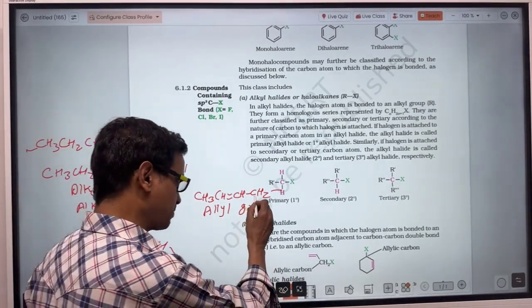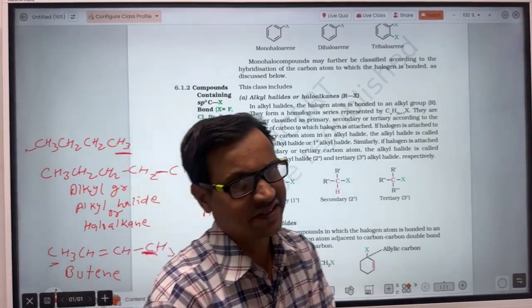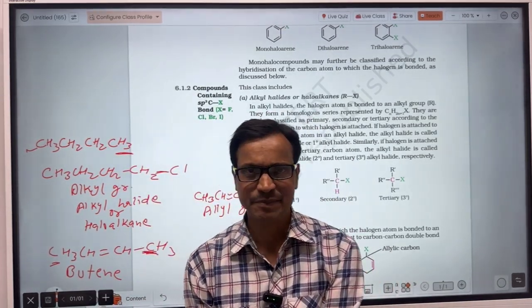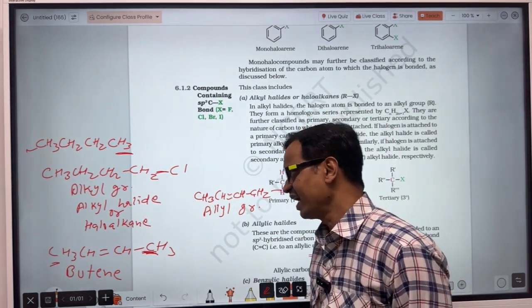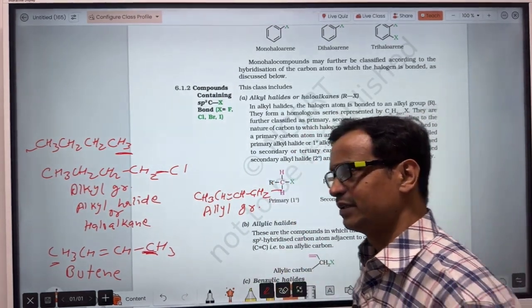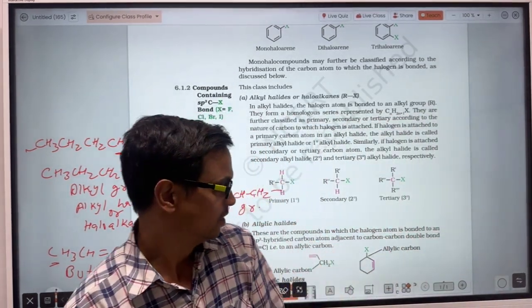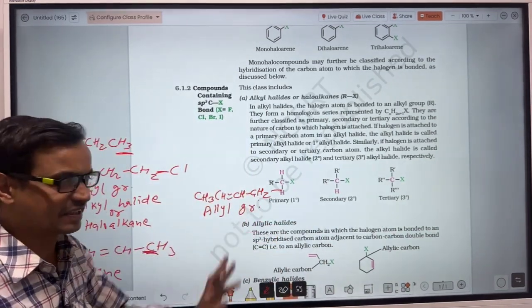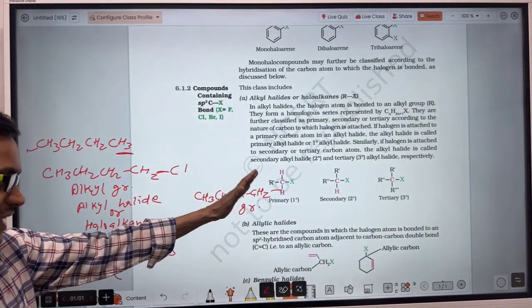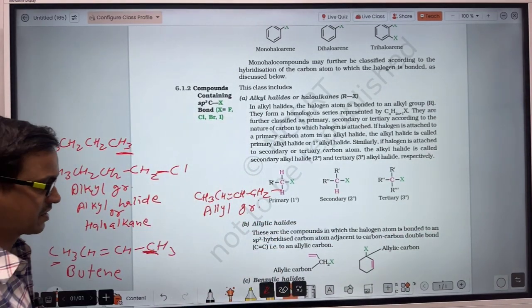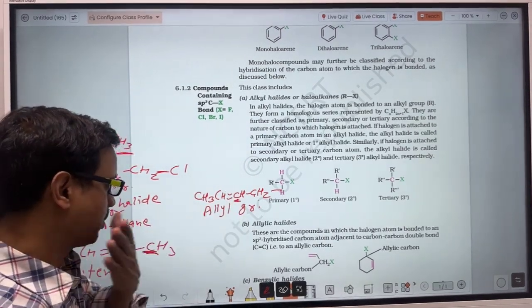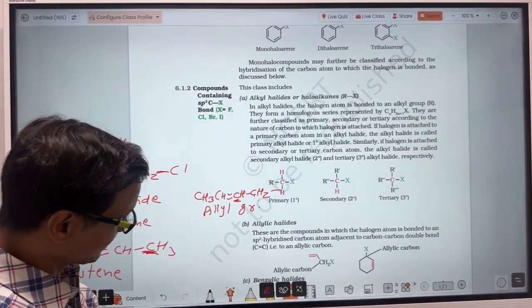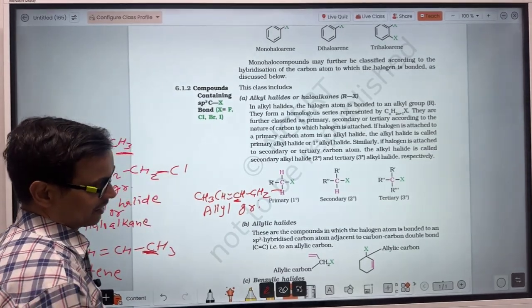And when halogen is bonded to that carbon atom whose hybridization is sp3, but which is attached to an sp2 hybridized carbon atom, then the compound will be called allyl halide or allylic halide.